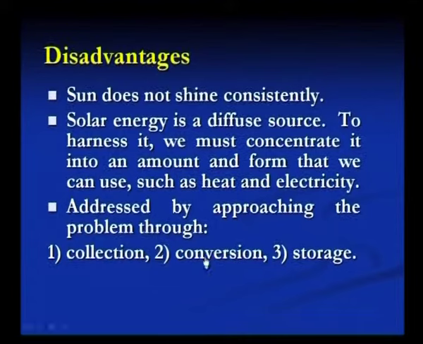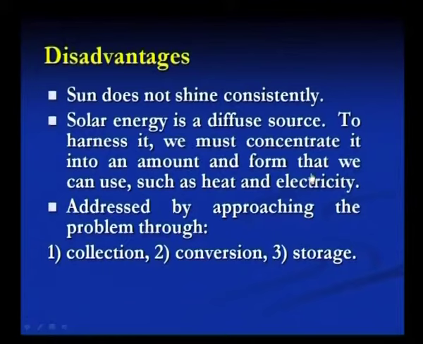And secondly, solar energy is a diffuse source. So the source of energy that is falling on our earth is in the diffused form. So it should be made into a more focused and concentrated form of energy, and then it can be utilized for our requirements.